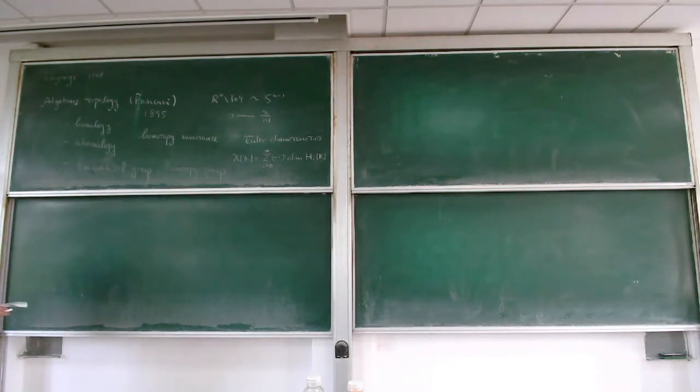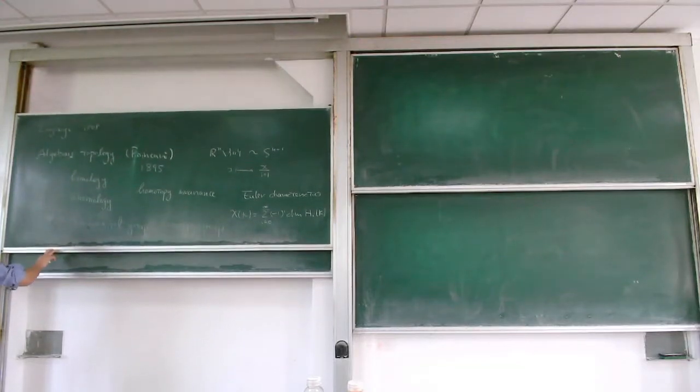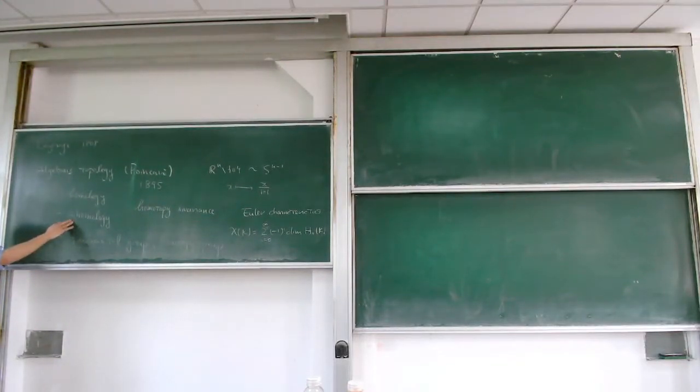Okay, and then at the end of the day, cohomology is related to, even though we don't introduce any differential structure, as a vector space it's related to de Rham cohomology. Cohomology, we talk about. So here we definitely use differential forms and so on.